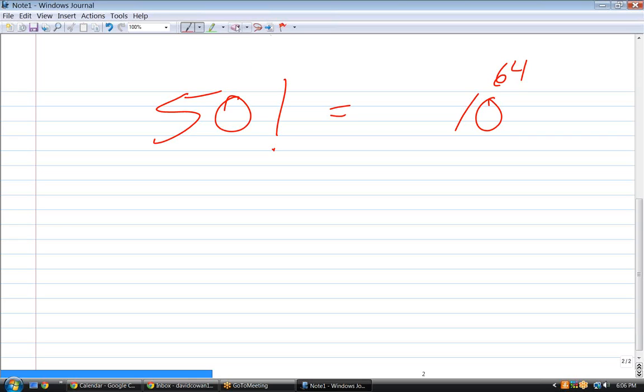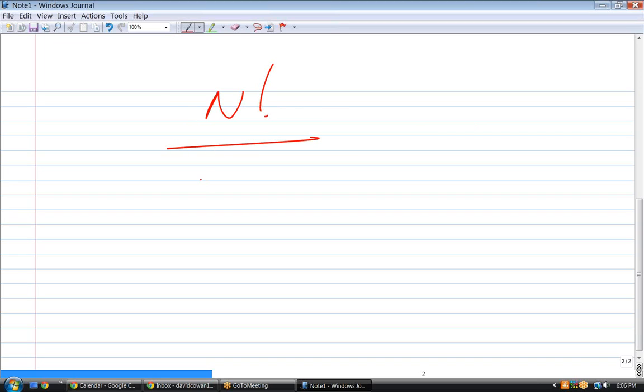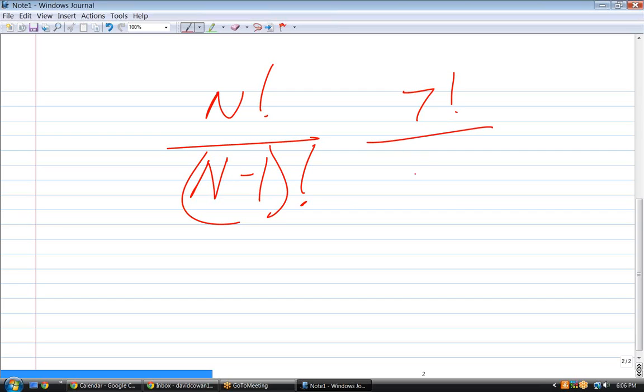But anyway, what kind of other problems do you have? Let's see, just like another similar one is n factorial over n minus 1 factorial. Okay. Notice that if we pick numbers to see what this would be, let's start with a 7 factorial. Well, this would be 6 factorial. So the answer would be 7 or n. Oh, okay.